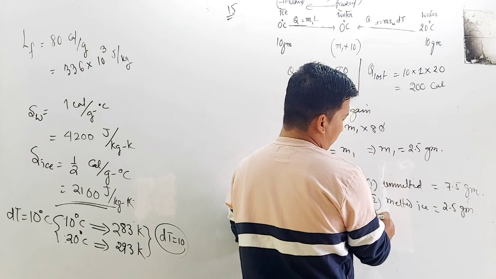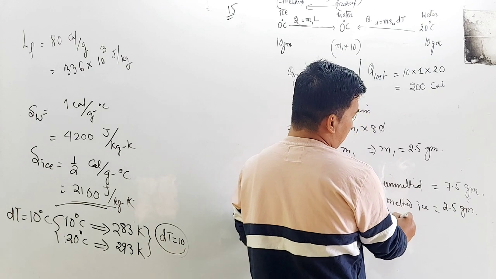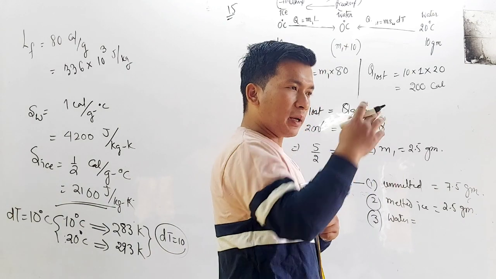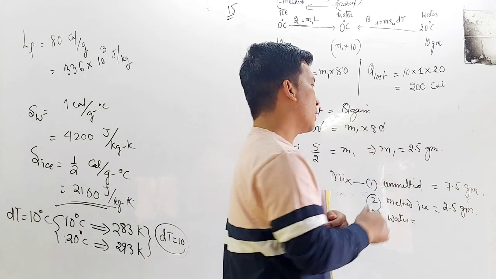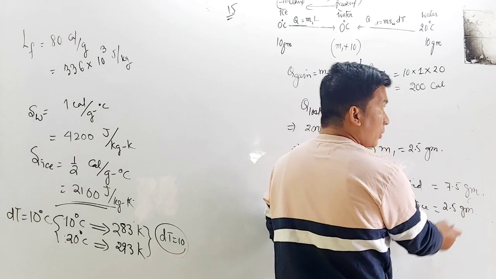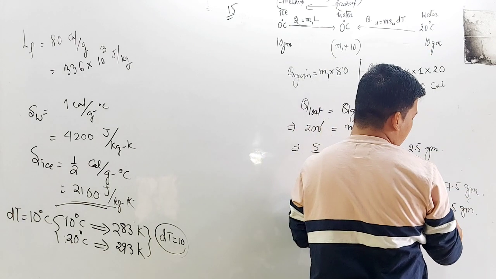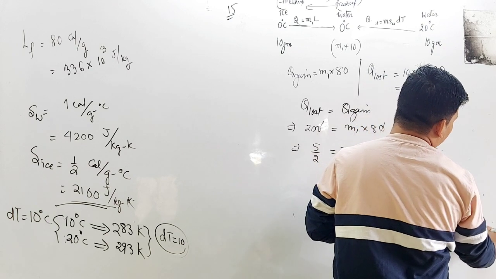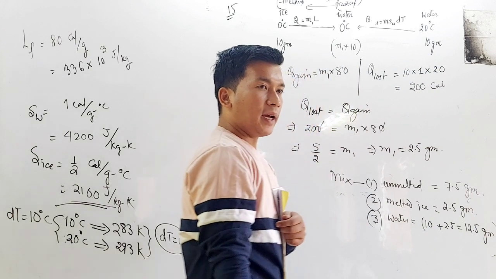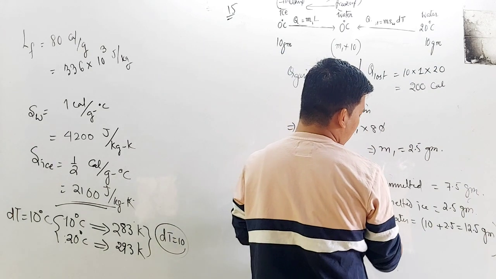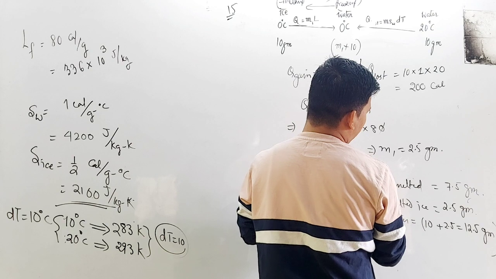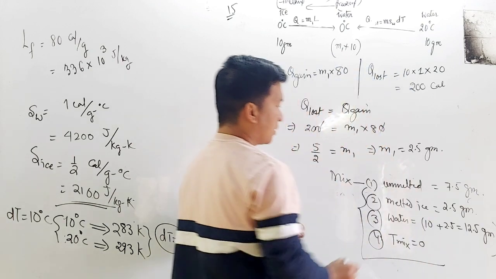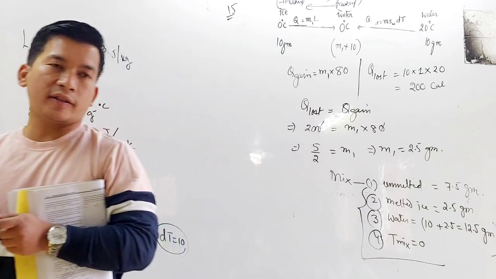Number 3, the final amount of water will be water from the hot body plus water from the melting process, so 10 gram from our hot water plus 2.5 gram from our melting process. Altogether we will have 12 gram of water. And what is the temperature? With both melted and unmelted ice, the temperature of the mixture will be 0 degrees Celsius.